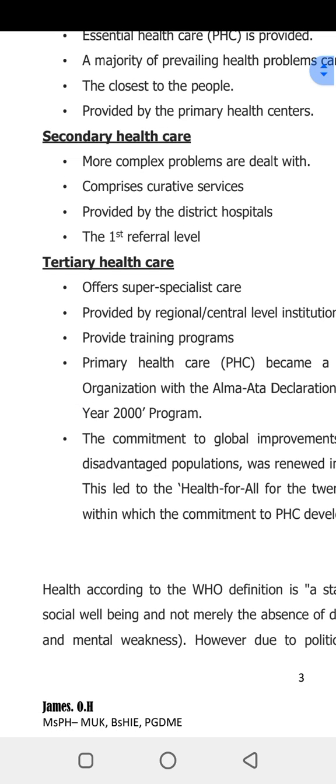Meaning this is beyond the primary level, so it has gone to an advanced stage where the sickness is a bit complex, complicated. So we send these people to the health experts, to the doctors for further intervention, for further medication.